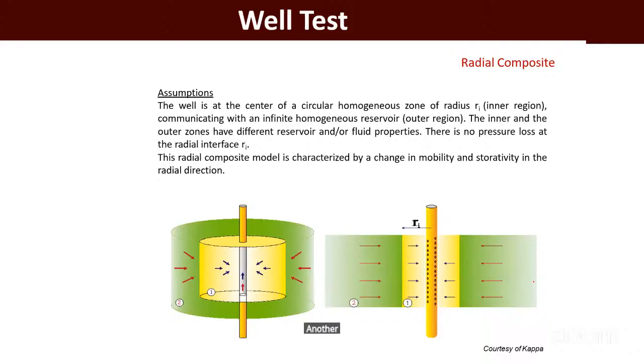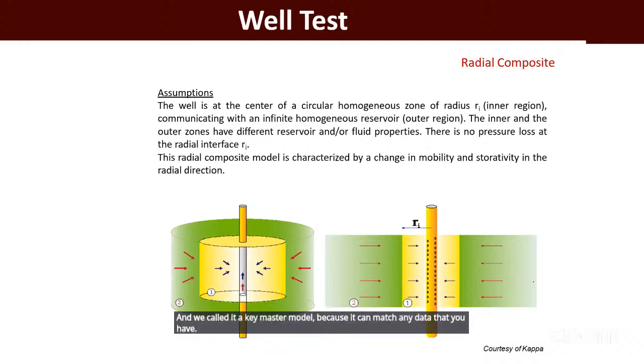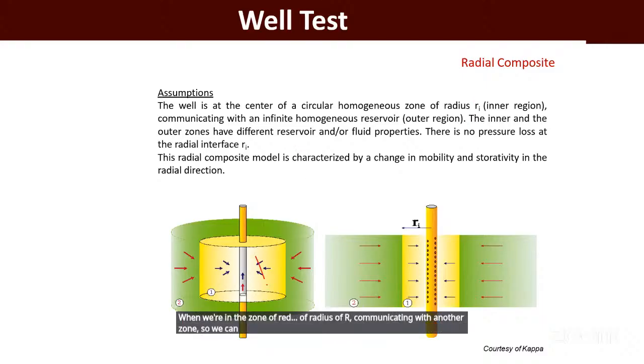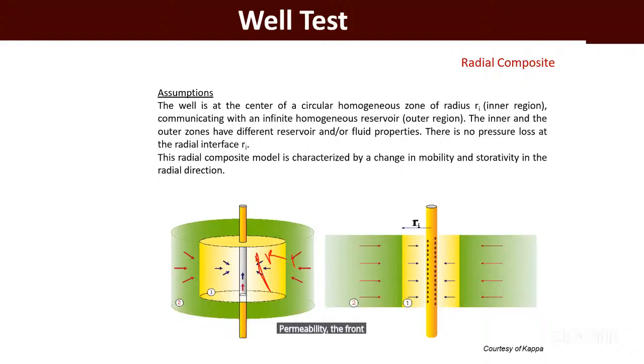Another model that can be defined is called the radial composite model, and we call it a key master model because it can match any data that you have, literally. So if we have a well at the center of a circle, a homogeneous zone of radius r, communicating with another zone, we can assume that this zone has a permeability different from that zone.